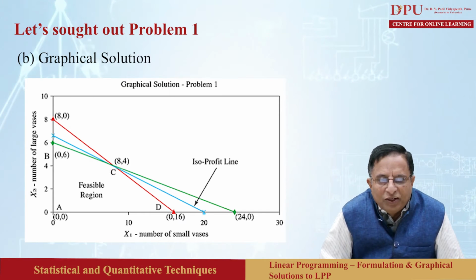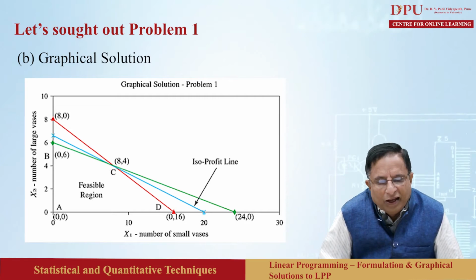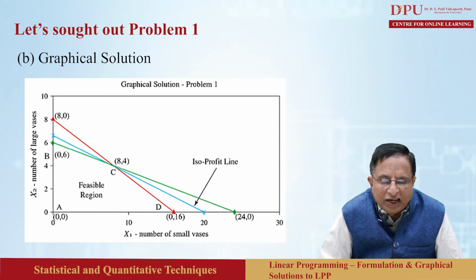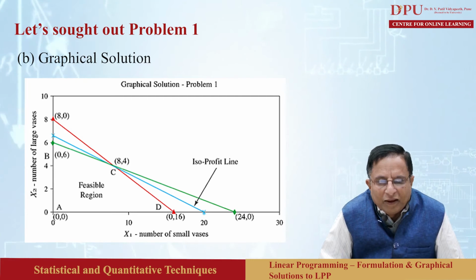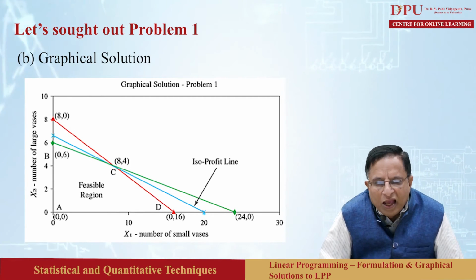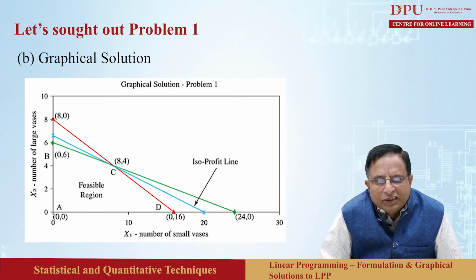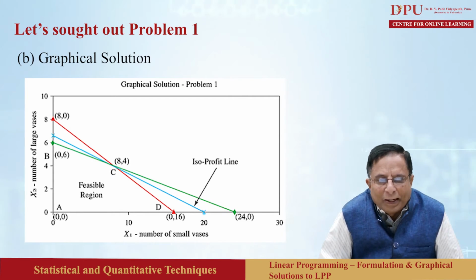So, for the 3 conditions we can have 3 different graphs, which are shown in red, blue and green. Okay. When you come over here, that blue color is called the isoprofit line, right. There is one region called the feasible region, and it starts from 8, 8,4, 24,4, right.